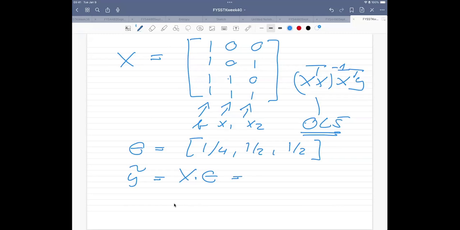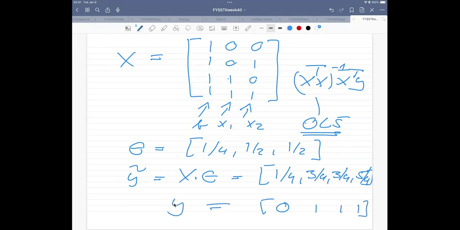If I do that, what I'm going to get now is 1 divided by 4, 3 divided by 4, 3 divided by 4, and 5 divided by 4. So that's my prediction. What I wanted is 0, 1, 1, 1. So this is my y.